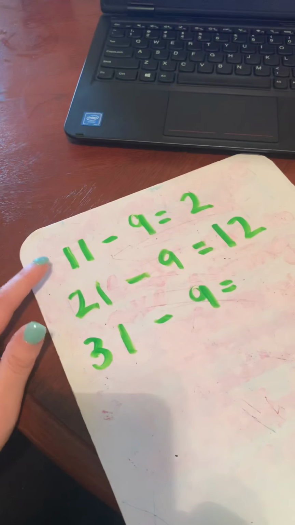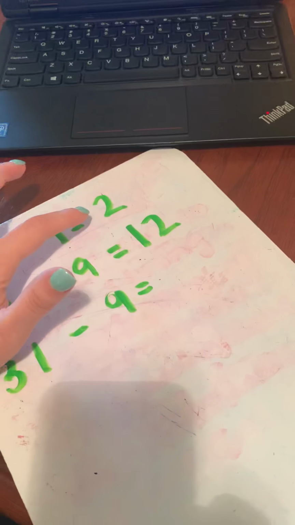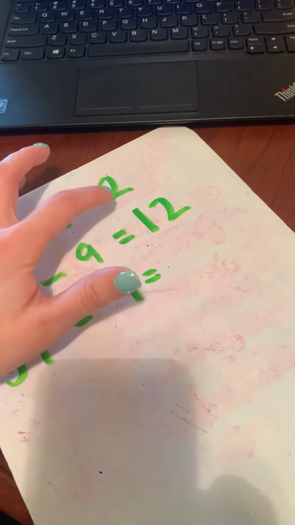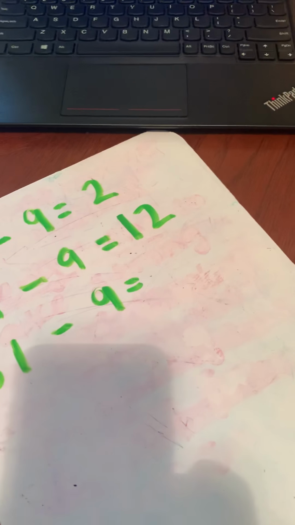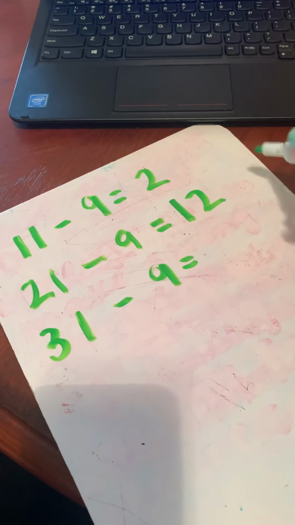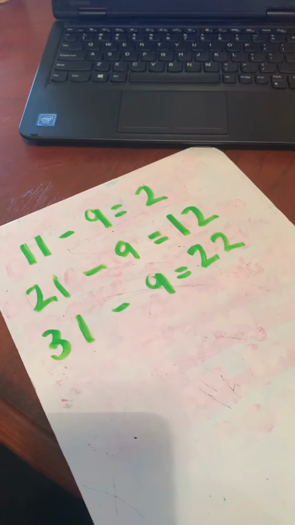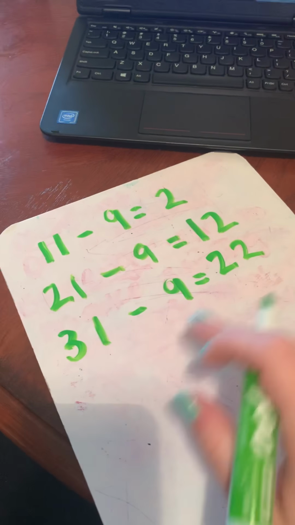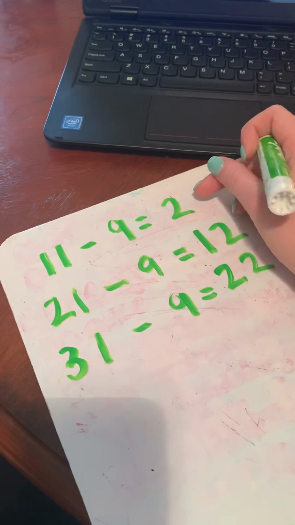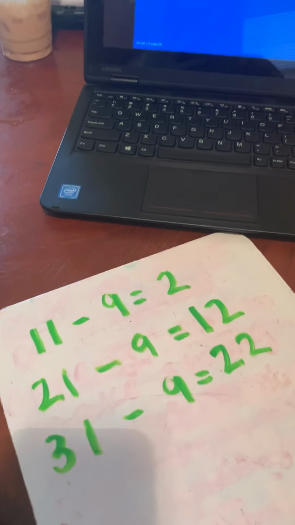Okay, so if you notice that we're adding 10 to our total each time, that means that our answer is also going to go up by 10, right? So 11 minus 9 is 2, 21 minus 9 is 12, 31 minus 9 must equal 22. Now, of course, it would be nice to go back and use some of your strategies to double check this, but what we're focusing on is how this first subtraction sentence can help us solve similar subtraction sentences, okay?